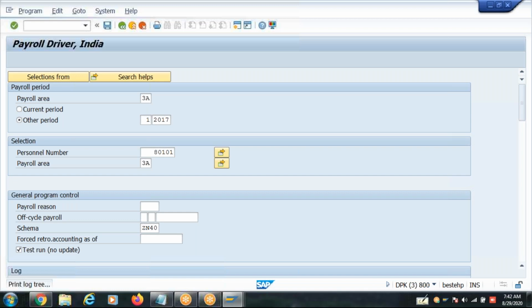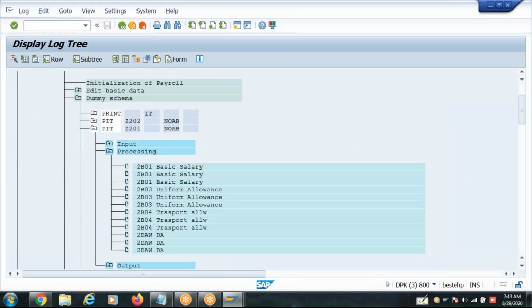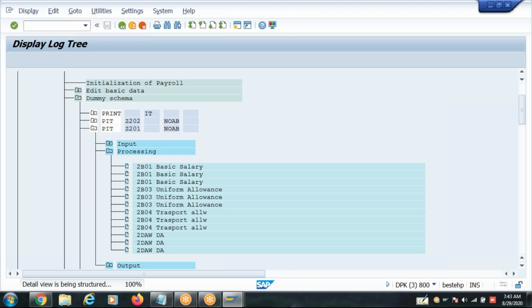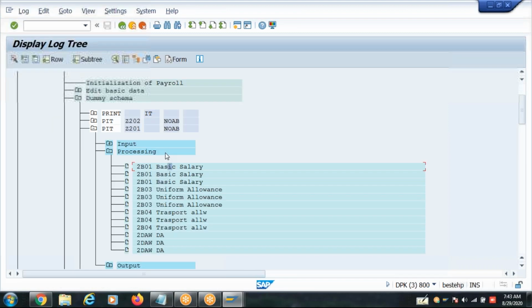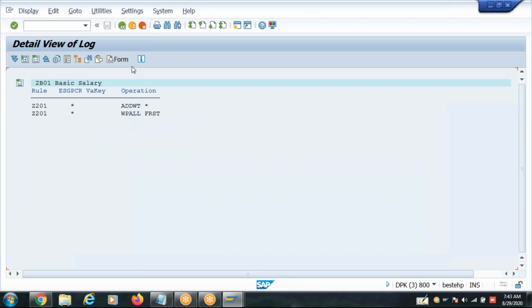Now see, if you want to execute the first split only, then you need to keep it blank here.